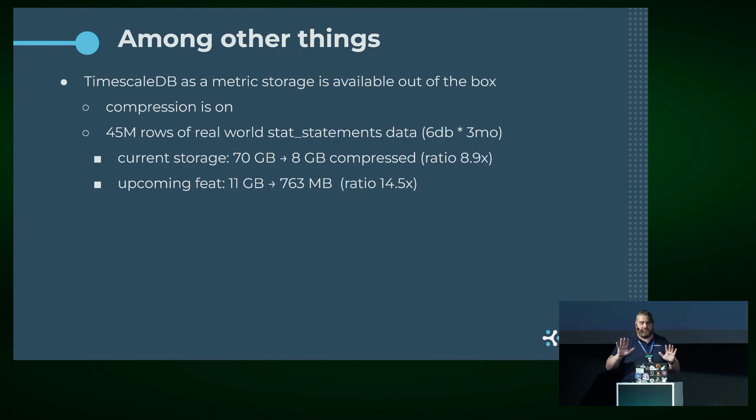But do not be scared, the automatic retention period is 2 weeks. We just stress the system and see what's going on. If we use TimescaleDB with compression, the ratio is 9, so we can compress from 70 to 8 gigabytes. And right now we are working on a feature where we can increase the compression even more, in case you want to keep your data for a longer period of time.